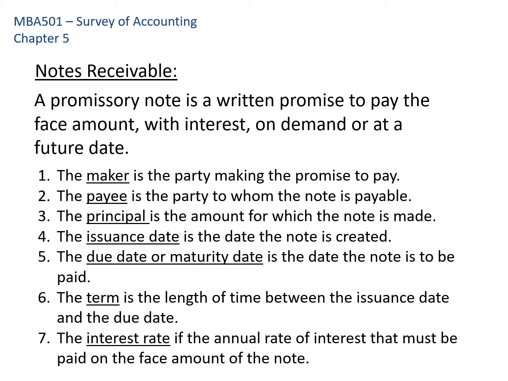Now the notes that we're going to talk about in this class are fairly simple notes where you borrow the money and you pay the full amount of the principal plus the interest when it comes due. So we're not talking about the kind of note where there are monthly payments or those kinds of things. Then the interest rate is always expressed as an annual interest rate, and it's paid on the face amount or principal of the note.